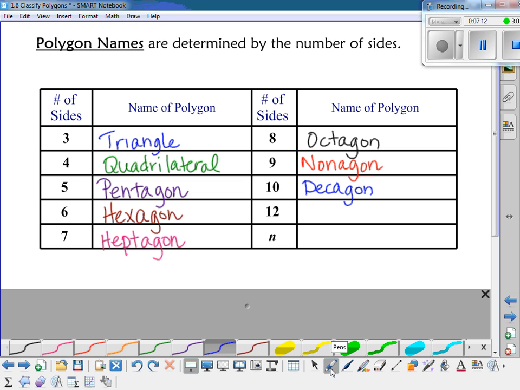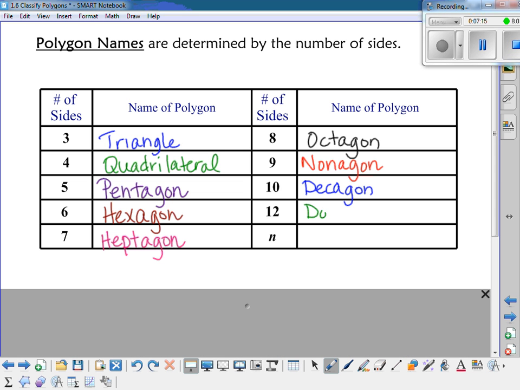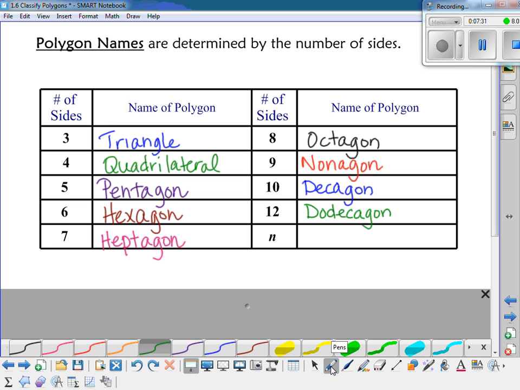And then 12 sides is a dodecagon. Do for 2, deca for 10. 10 plus 2 is 12. And then for everything else, it just depends on the number of sides. So in general, if it has n sides, I'm going to call it an n-gon.